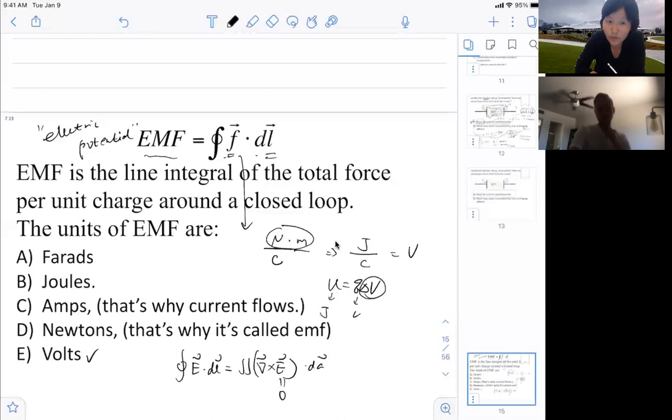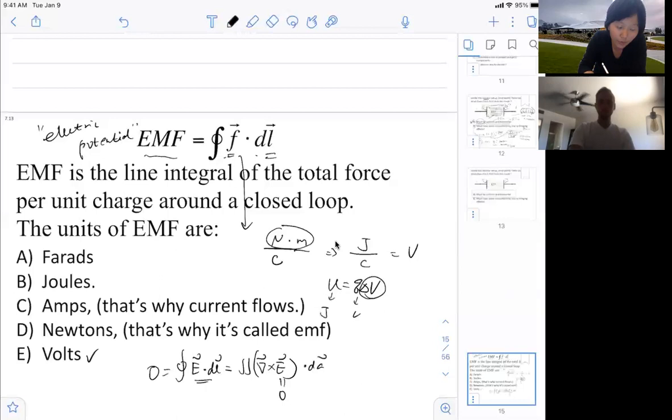Now, even if you have current moving, we're still talking about zero curl for the E field. So the line integral of E dot dL is still 0. It's always 0. So you can see that the electric force alone is not going to be able to drive your current all the way around the loop. So to drive the current, you need some other forces.